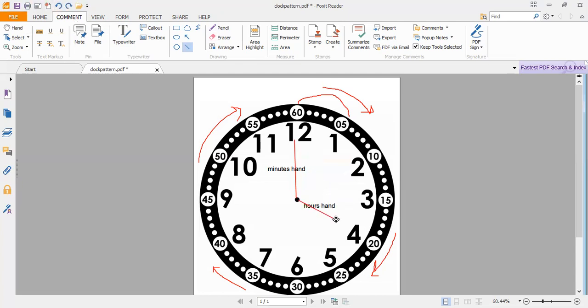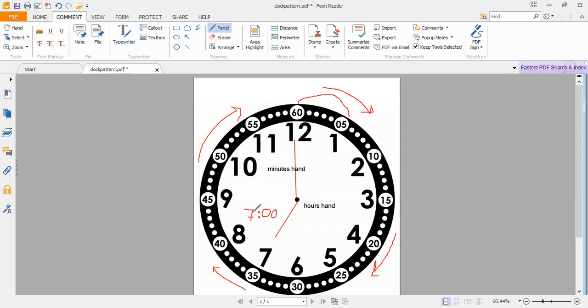Okay, 4 o'clock. 5 o'clock. 6 o'clock. Okay, 7 o'clock. And we can write 7 o'clock like this: 7, colon, 0, 0.